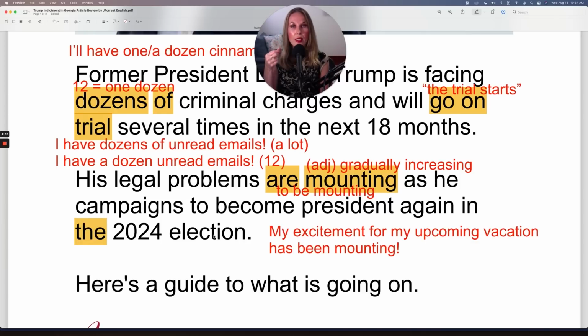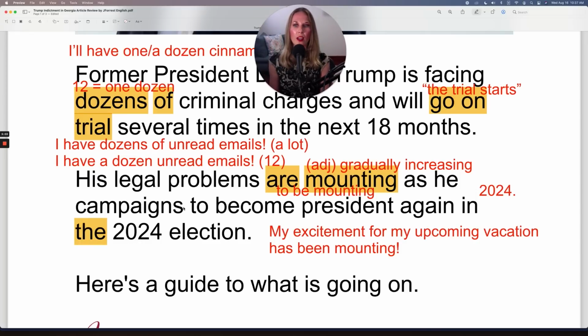So election is a singular countable noun, so you need an article: as he campaigns to become president again in the election, in the 2024 election. Now, if it were just the time reference, again in 2024, this is just the time reference in the year 2024, in 2024, no article, in the 2024 election.